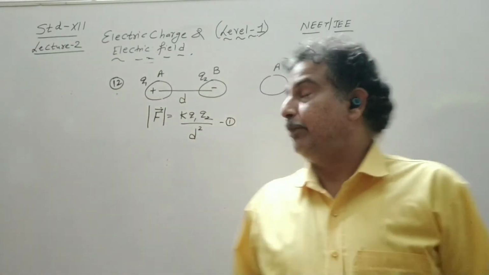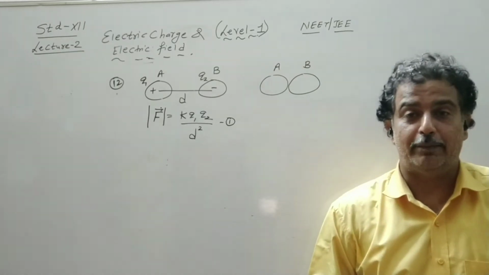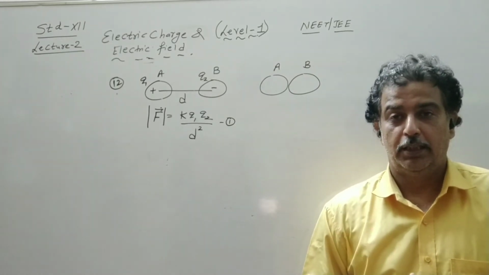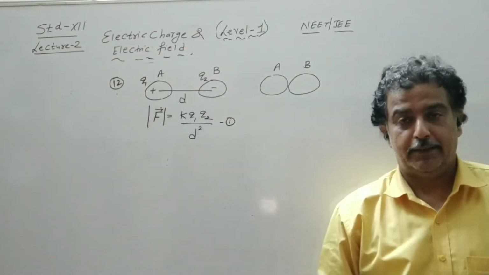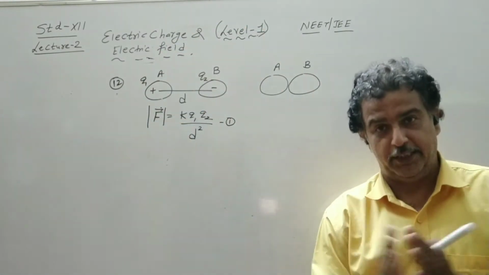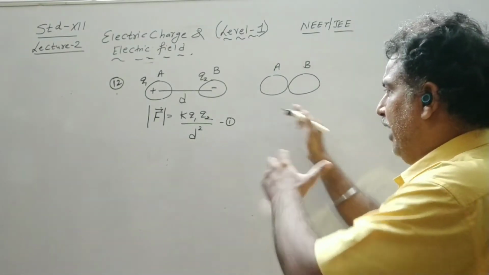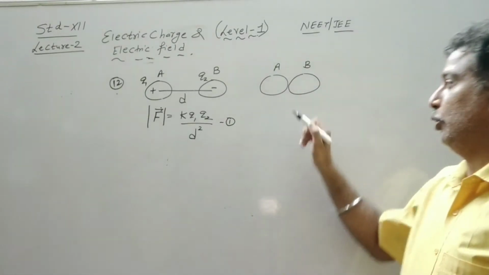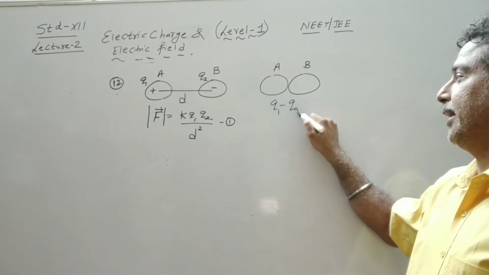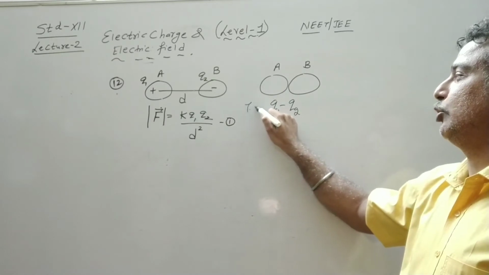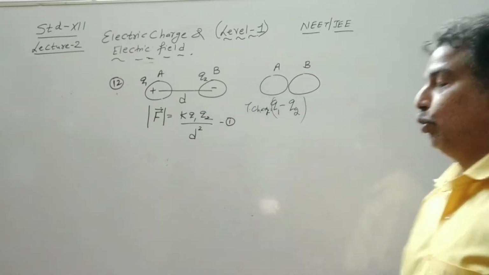Now when they are kept in contact with each other, it is clear that the transfer of electrons will take place, that is charging by conduction. So its negativity will decrease, its positivity will decrease. Now they are found to be repelling each other. So when we separate them, first you have to find out the total charge. So in that situation you have to take the sign. So this is the total charge, Q1 minus Q2.